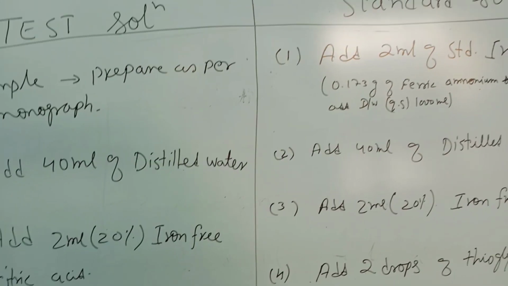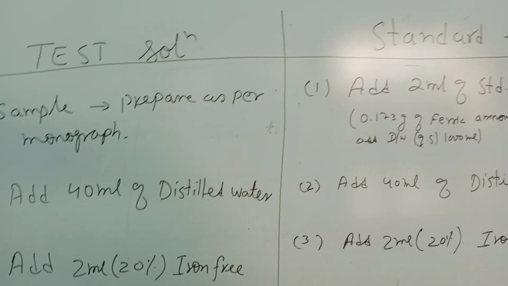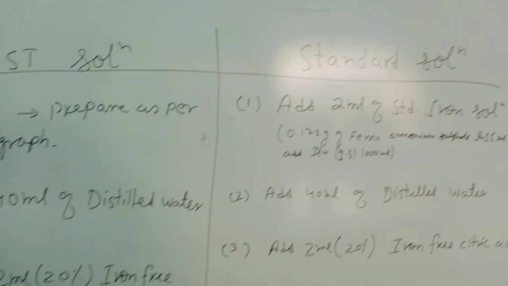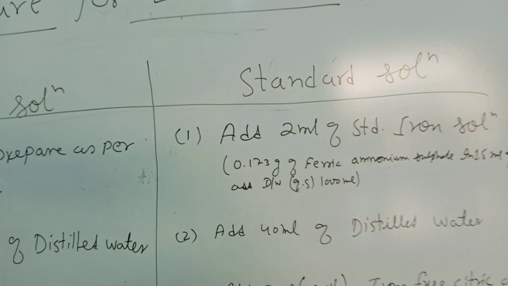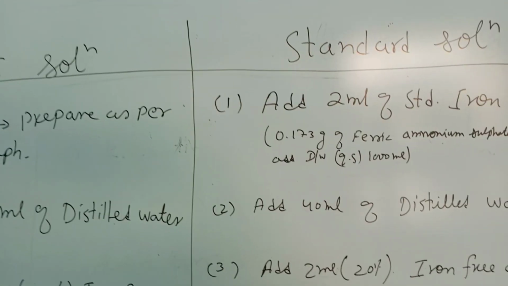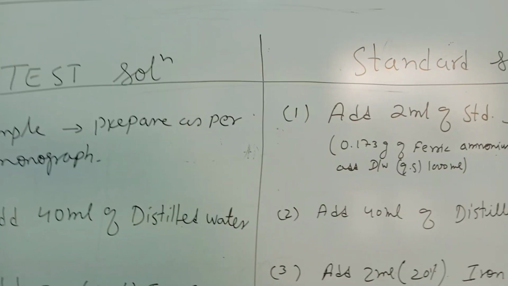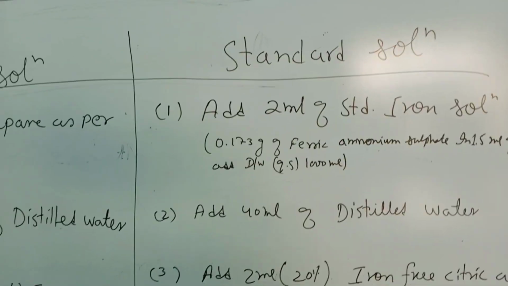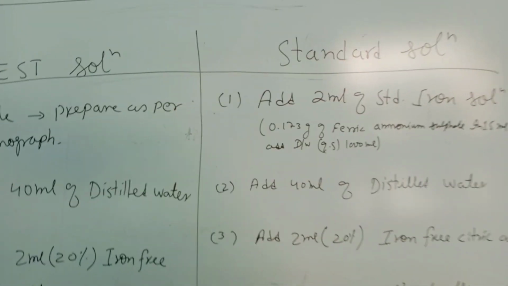Theoretically as well as practically, if the color produced by the test solution is similar, comparable, or the same as that of the standard solution, then the sample passes the limit test. Likewise, if the color produced by the test solution is less than the color produced by the standard solution, in this case also the sample passes the limit test.